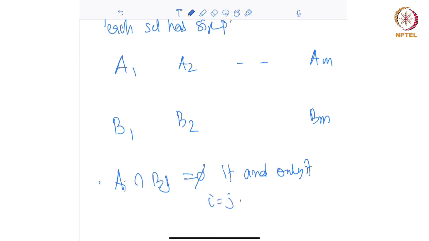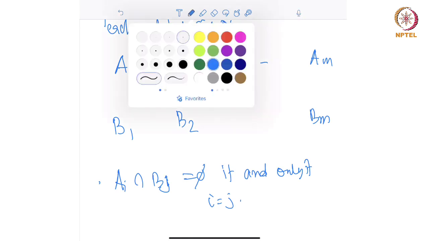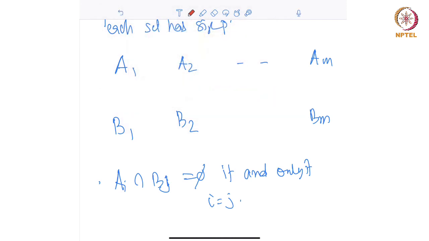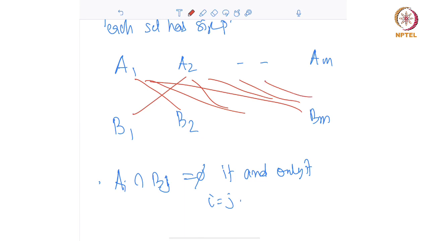So A1 and B1 do not intersect, but A1 intersects with everybody else. Let's draw an edge if they intersect. Look at A2, there will not be an edge except this. So this is how it is going to be.